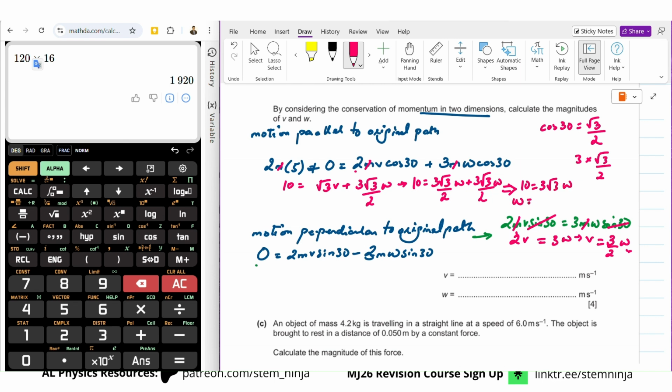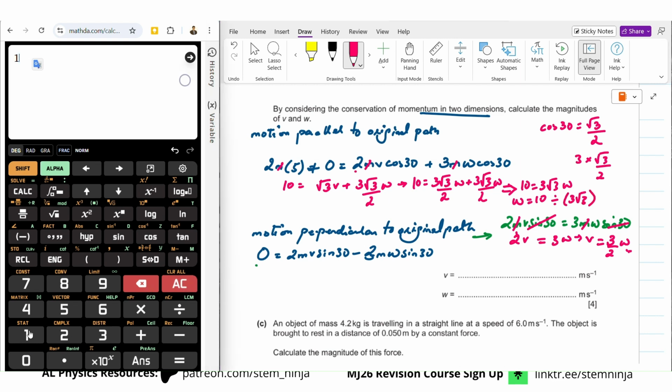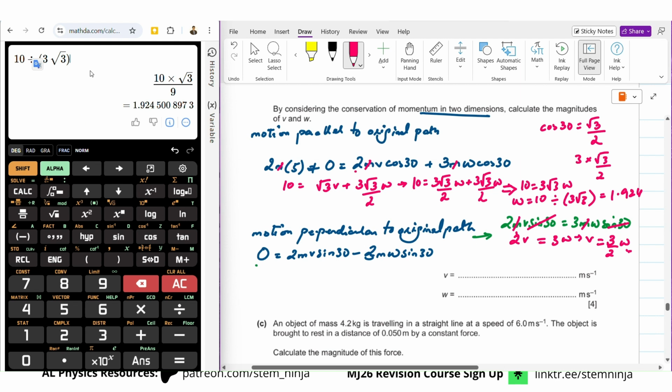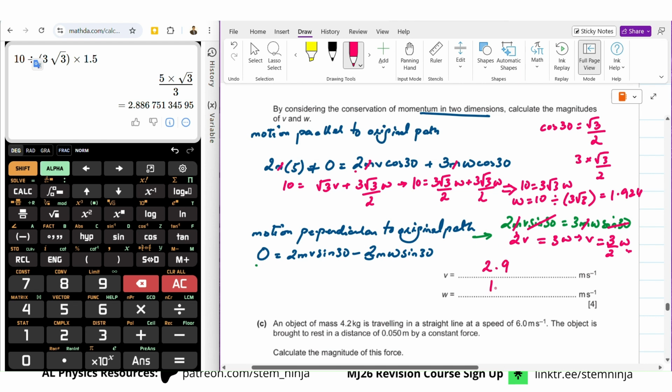So w will be 10 divided by 3 root 3, which is 1.924. And then when you multiply this by 3 by 2, or 1.5, you will get this. So 2.9 for this and 1.9 for this.